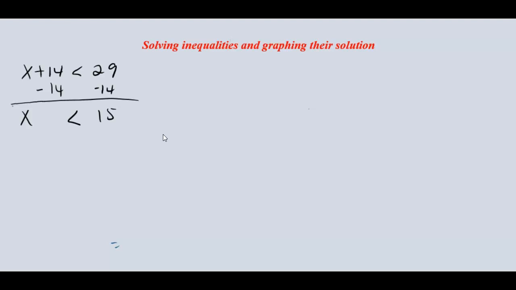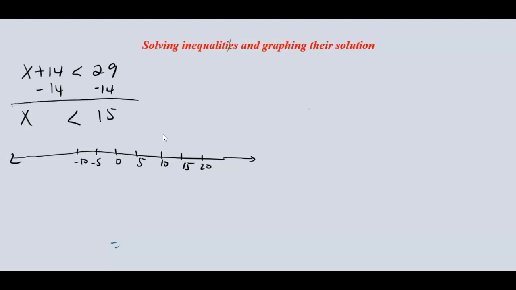When you graph this, let's say that's the number line right here. So 0, 5, 10, 15, and so on and so forth. Let's say that's 20. And that is negative 5 and negative 10 and so on.